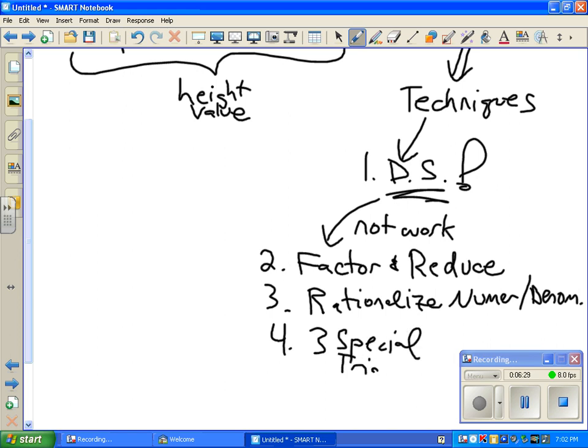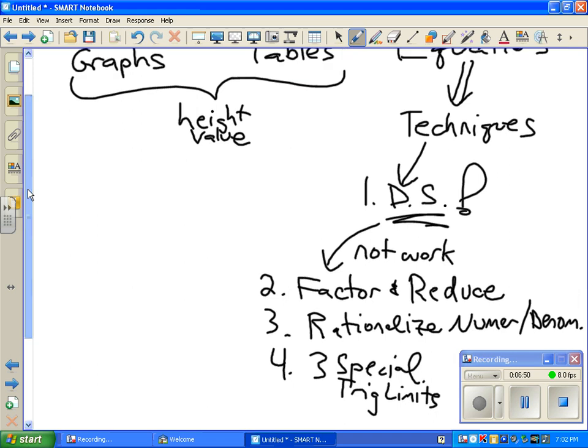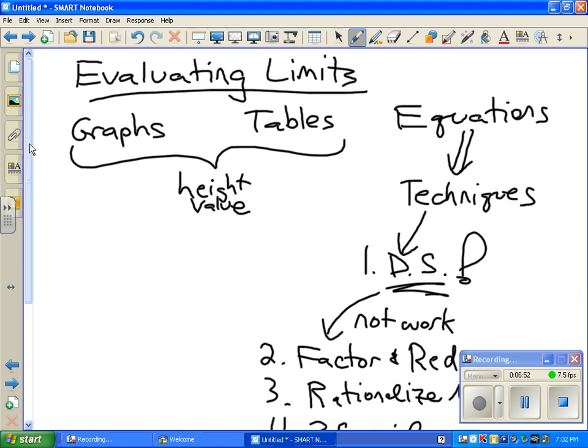And usually one of these three pops up on the AP each year. Not a guarantee, but a high likelihood. And so there were three special trig limits that you want to go back and take a look at in Chapter 1 to figure out those answers without having to do anything else. So we've got a variety of ways of evaluating limits, most often by equation, but also with graphs and tables.